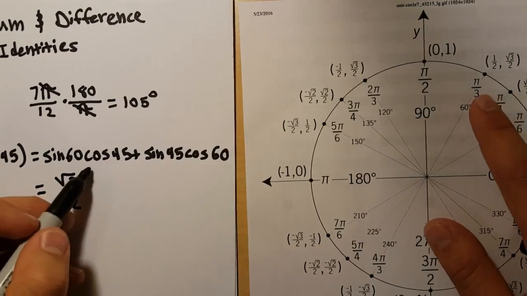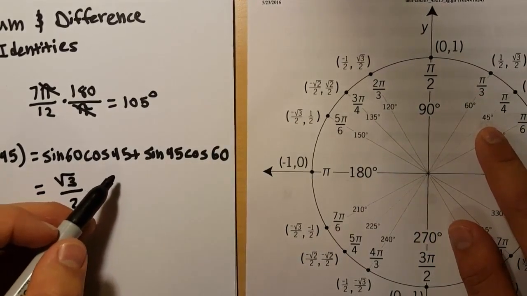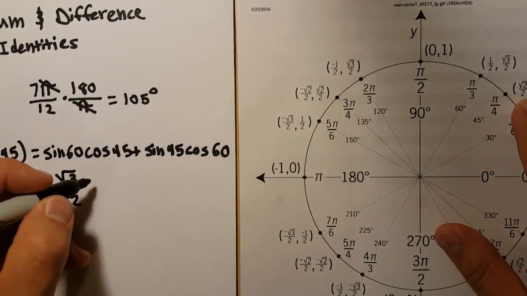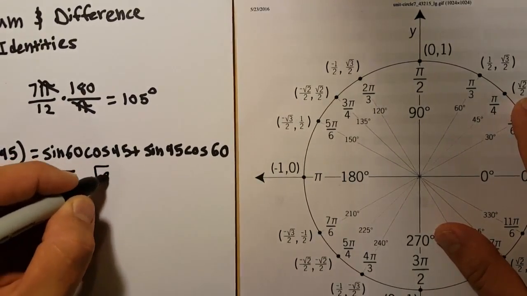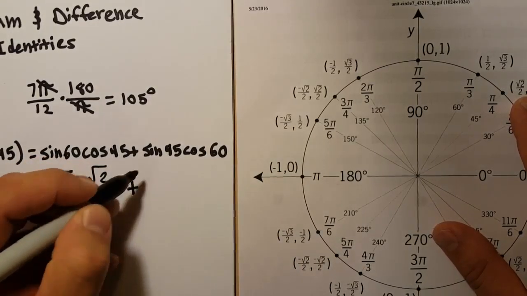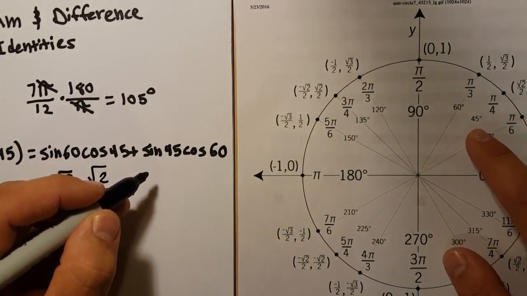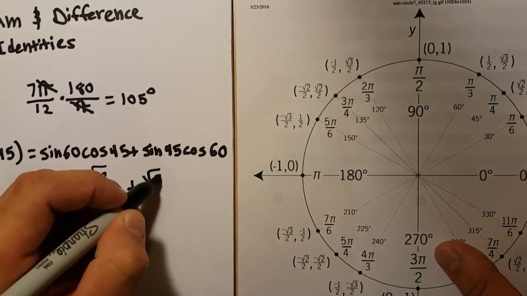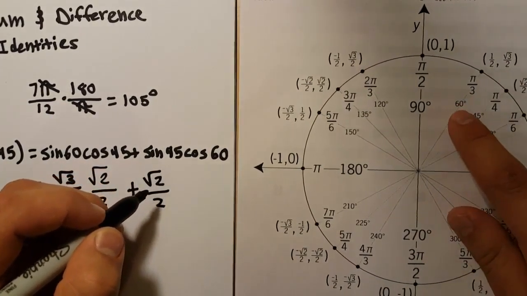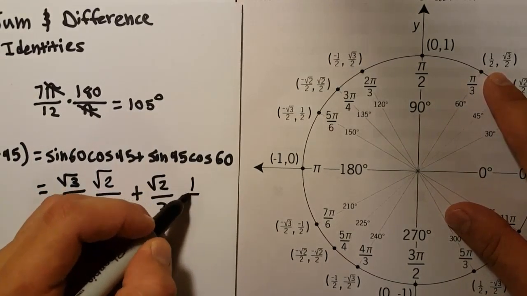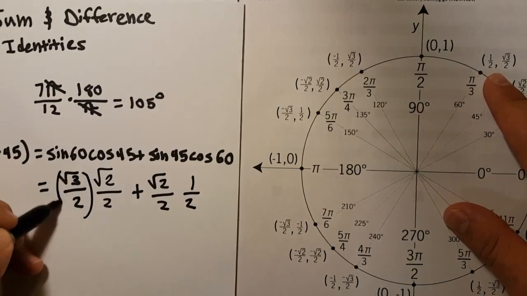Then we also do that for cosine 45. 45 degrees is here, and cosine is root 2 over 2. Then we add that to sine 45, which is root 2 over 2, and cosine 60 is 1/2. So this is all going to be multiplied.